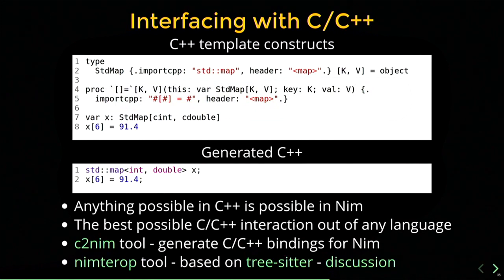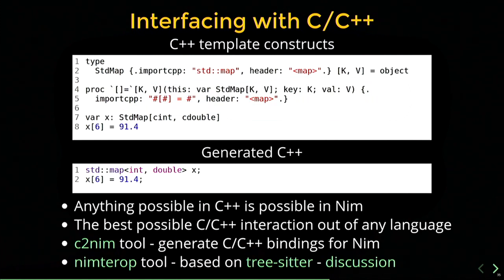We can even interface with more complex types like templates, in this case, std map. We can also define our procedure to access elements and assign them stuff. And at the end, when we actually use these functions we have defined, the final generated C++ is literally what we would have written by hand in C++ anyway.